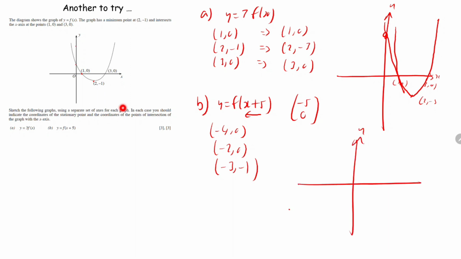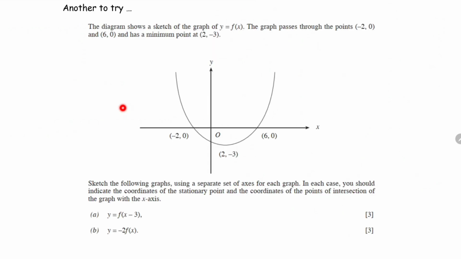If we were to sketch it, (-4, 0), (-2, 0), and (-3, -1). So the graph is now going to be further over to the left. Moved across to the left by 5.